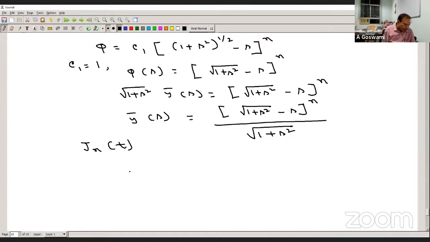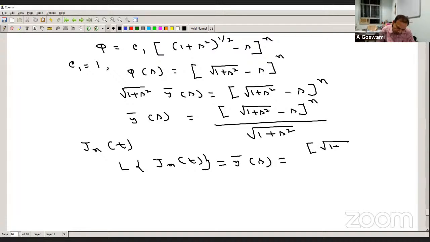Therefore, you can write down the Laplace transform of Jn(t), which is nothing but ȳ(s), equals (√(1 + s^2) - s)^n divided by √(1 + s^2). So again, from this formula, if you derive, I think the time is almost not there.